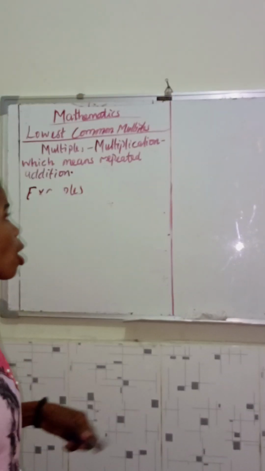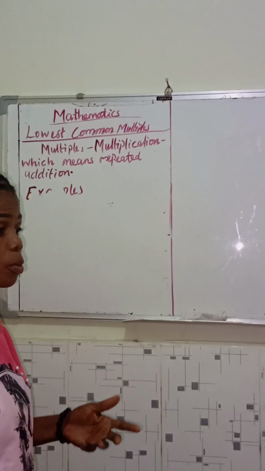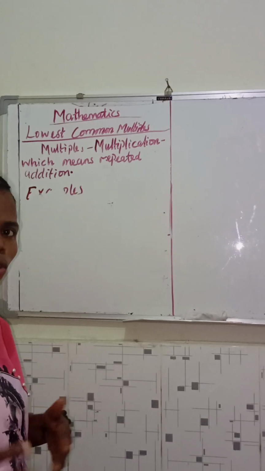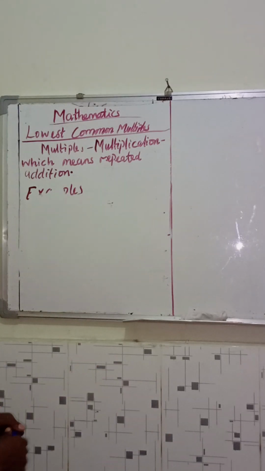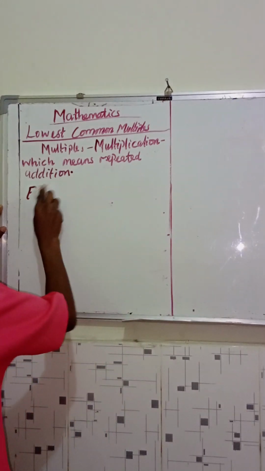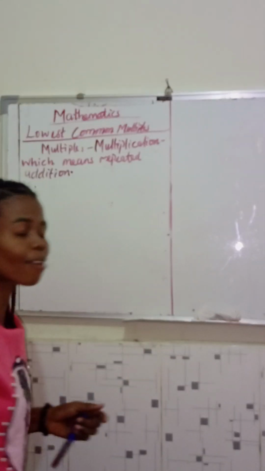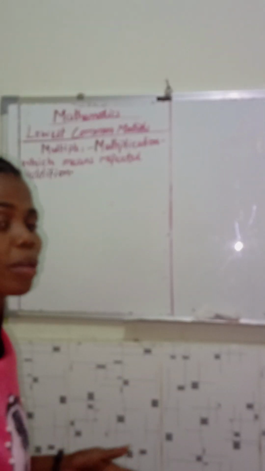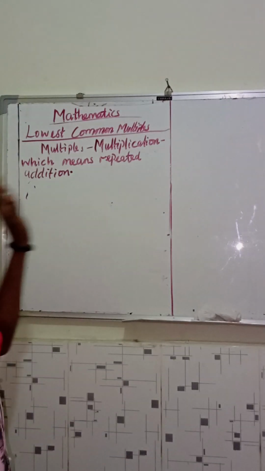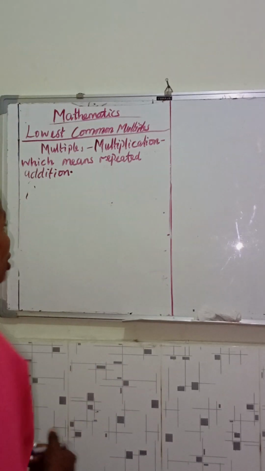Now, when you want to find least common multiples, it is very good that you use your factorization method. If you remember, when we were doing highest common factors, we used the factorization method too. So when you're doing your least common multiples, you should use the factorization method.